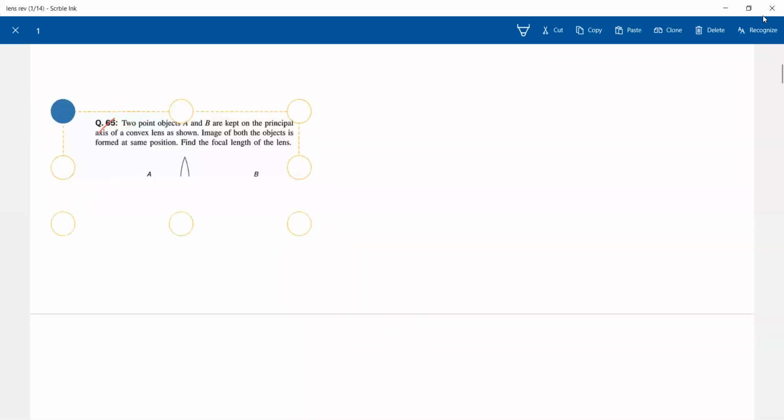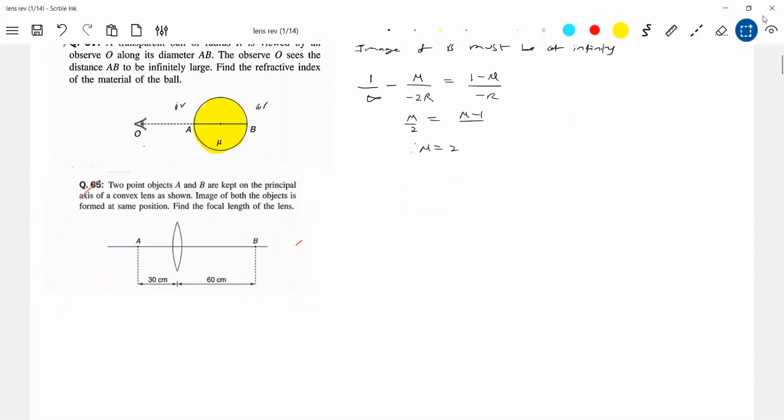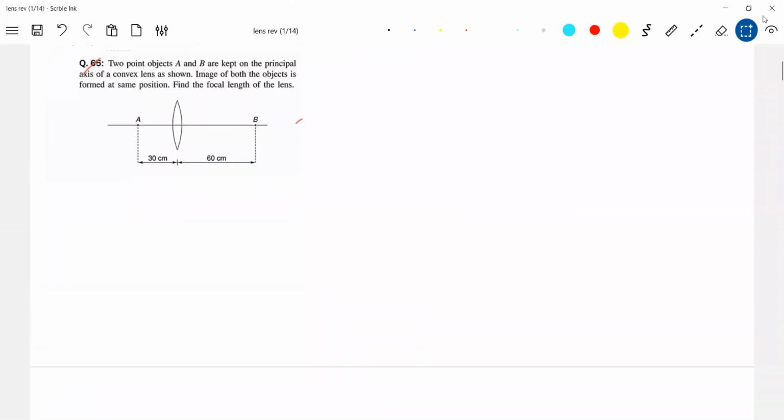Let me do it here. Read the question. Two point objects A and B are kept on the principal axis. Find the focal length of the lens.